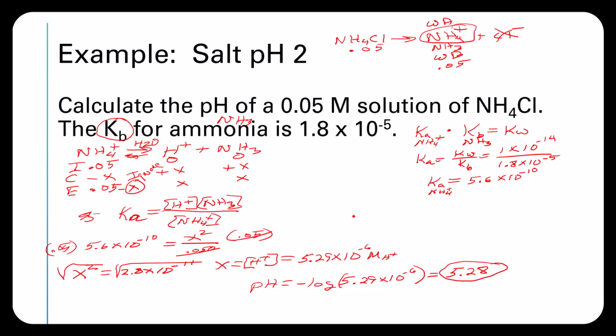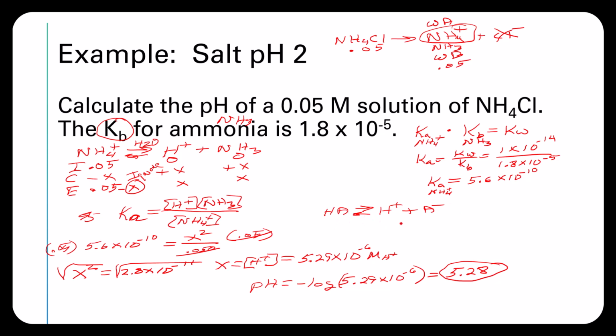I will say that when you know you're doing a weak acid problem, typically it just looks like this: HA, that's your generic monoprotic weak acid, equals H plus plus the anion.